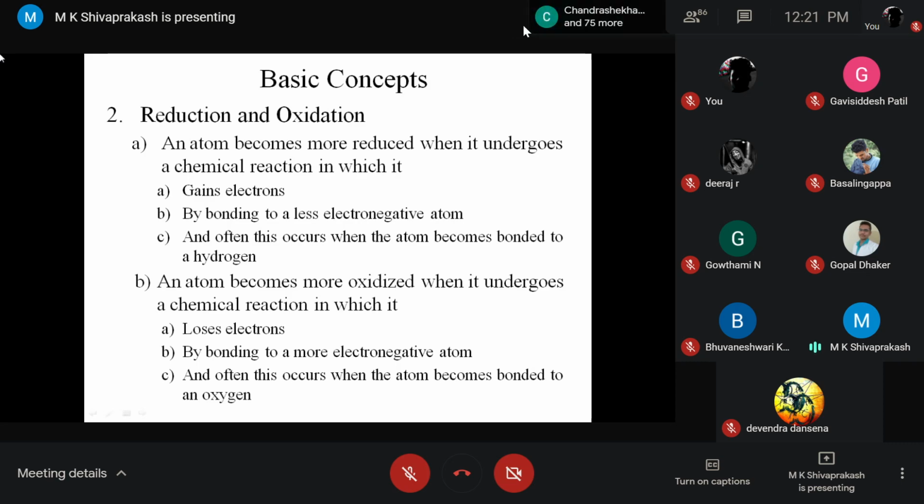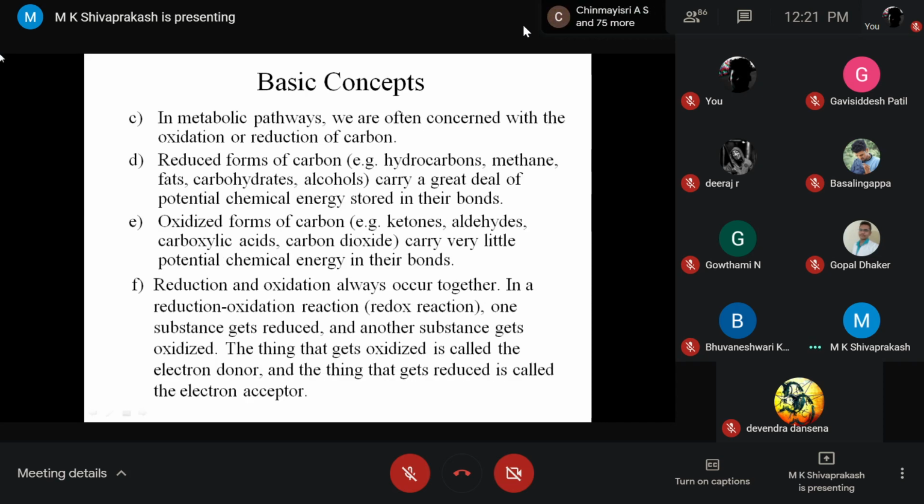And secondly, an atom becomes more oxidized when it either loses electrons, or when it is bonded with oxygen, or when it is bonded with a more electropositive atom.